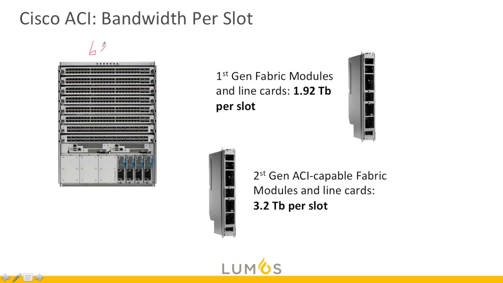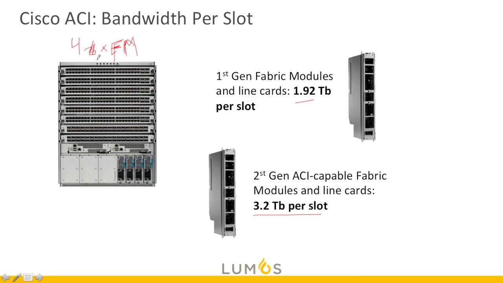So we can put 6 fabric modules in those. If you put all 6, we provide a maximum amount of bandwidth of 1.92 terabits per second per slot. The second generation ACI capable fabric modules would give us 3.2 terabits per second per slot, and we only need 4 of those to do that.